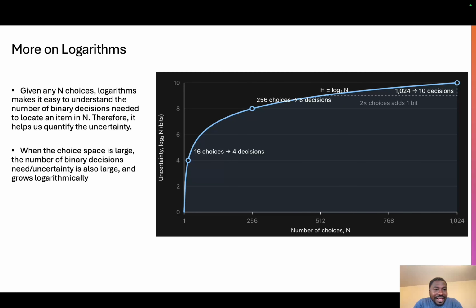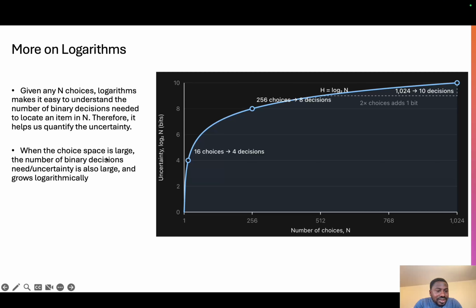So if we look at this graph that Codex nicely generated for me, on the y-axis here we have the uncertainty, which we also call information, measured as log 2 of n, and that's in bits, right? And you have the number of choices. As the number of choices goes up by orders of magnitude, the information content grows linearly.